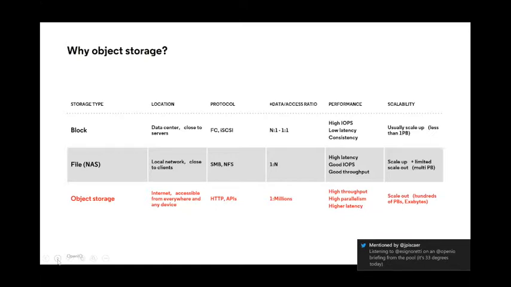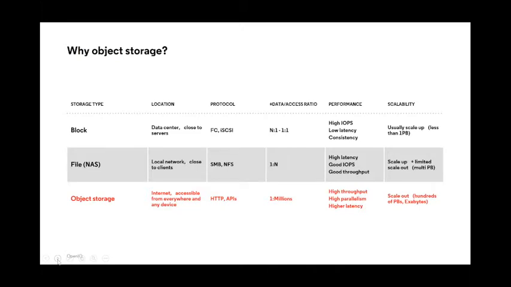Why object storage? I usually show this slide just to show the difference between the different types of storage. Sometimes we forget that object storage is the only one that is actually internet accessible, because of the protocol used for communicating with it, and usually the same information is accessed by millions of devices at the same time.